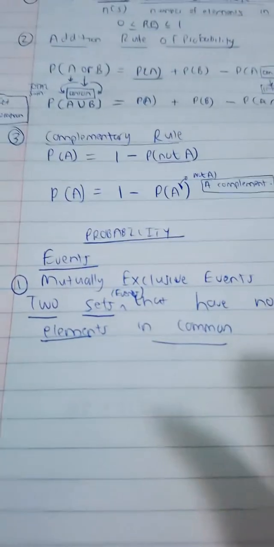We have two sets, or in other words, these two events that have no elements in common. So we can say two sets or events that have no elements in common.